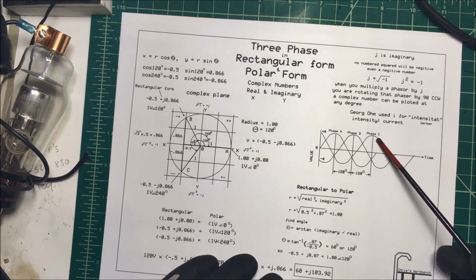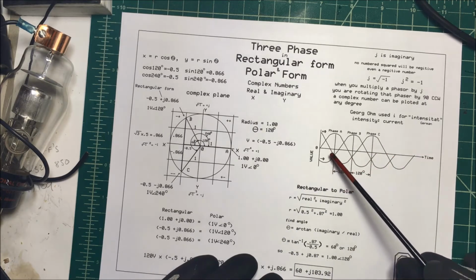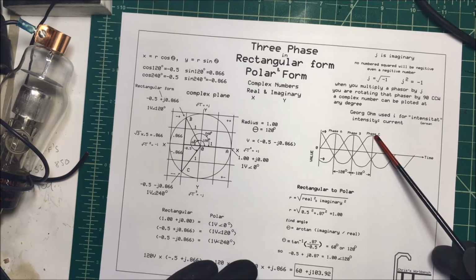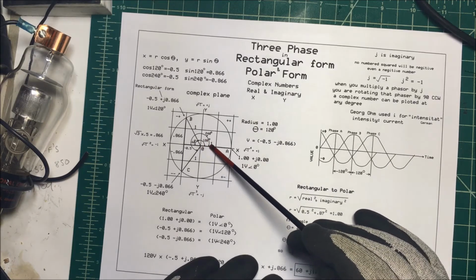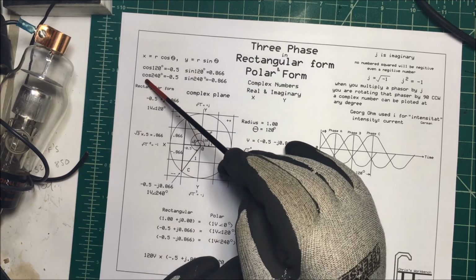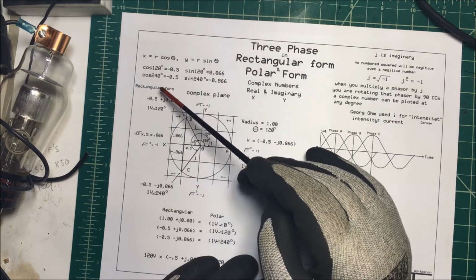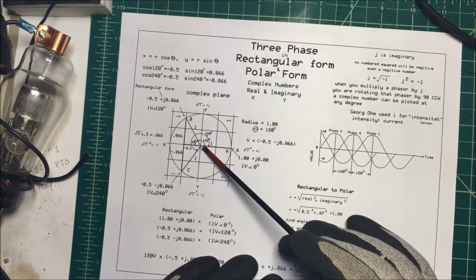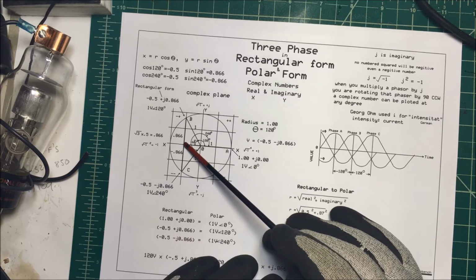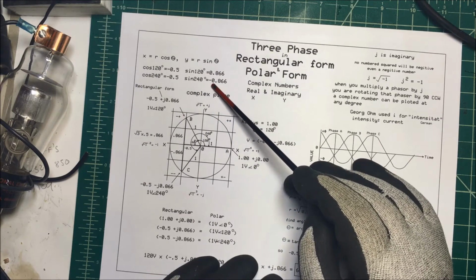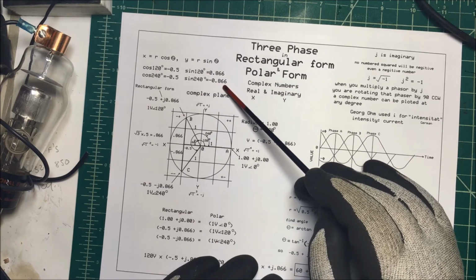Now, phase C here, it's 120 degrees away from A and another 120 degrees away from B, so that's 240 degrees. So we take 240 degrees over here. What we do there is we take the cosine of 240 degrees. Now it happens to be minus 0.5 also, right? So we head over this way, minus 0.5 with a real number, and the sine of 240 degrees is going to be a minus 0.866, okay?